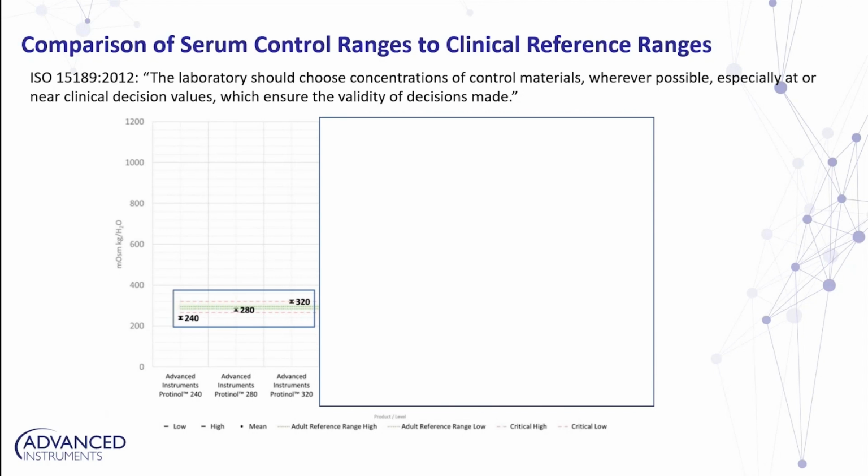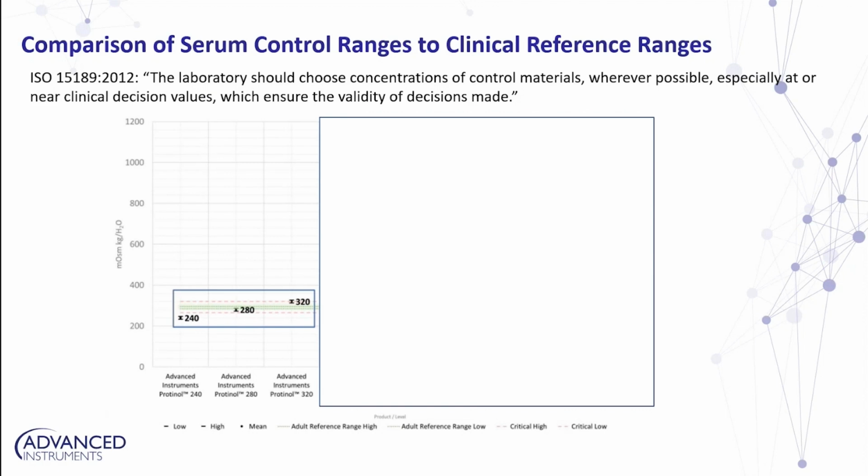In healthy patients, a normal serum osmolality value for adults and seniors is between 285 to 295 milliosmoles. The chart shows the product insert specified mean values and ranges of serum controls from 3 manufacturers averaged across recent available lots. The normal serum range is shown by the green band on the chart.